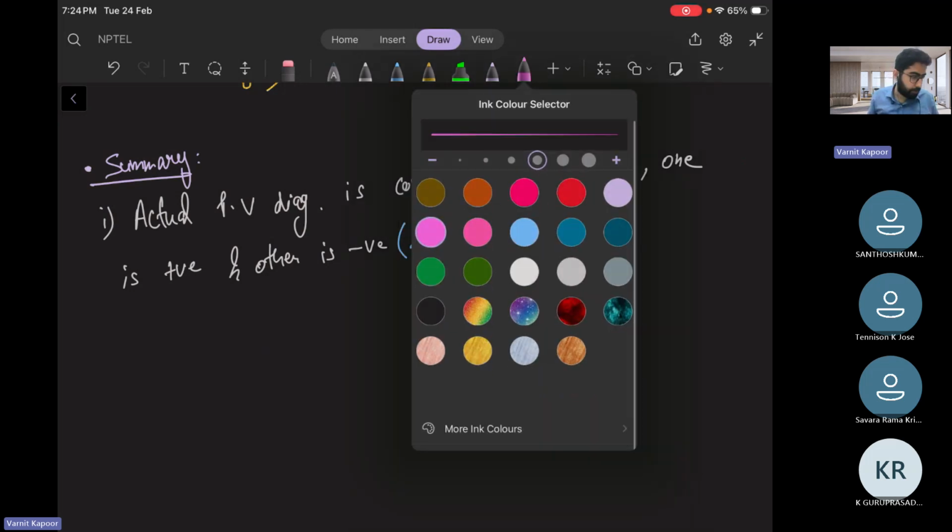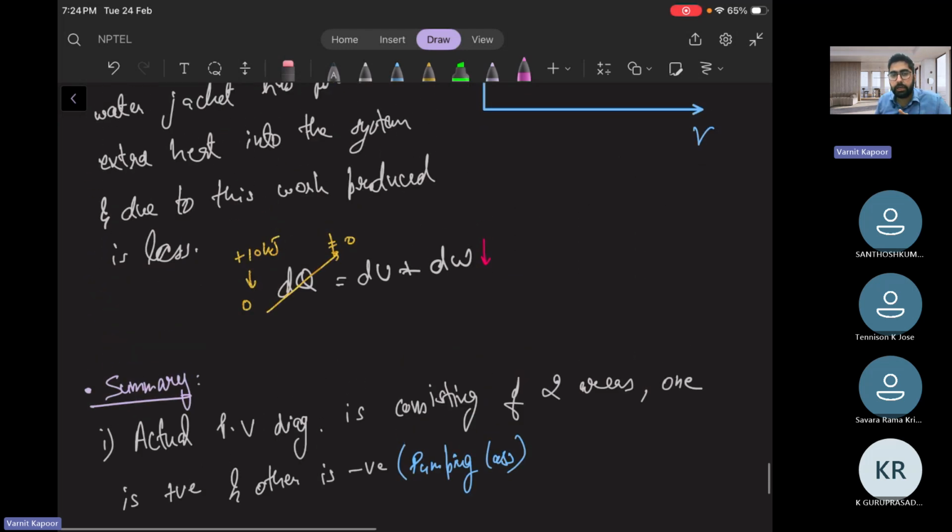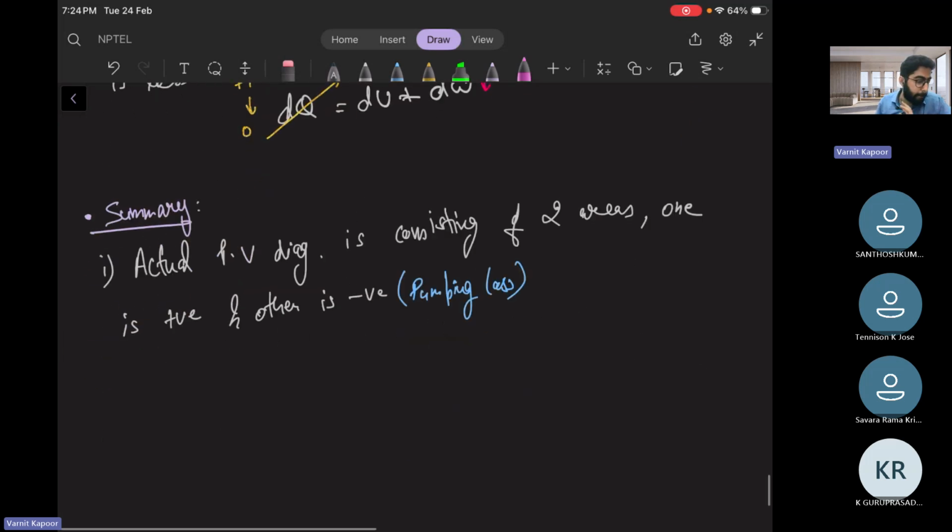Pumping loss. Okay. Hence, in actual scenarios, the indicated work done, because we have understood in the previous tutorial that indicated work done comes from a PV diagram, and brake power comes from whatever power you have generated over the wheels or the brake drums. Okay, this is a pumping loss.